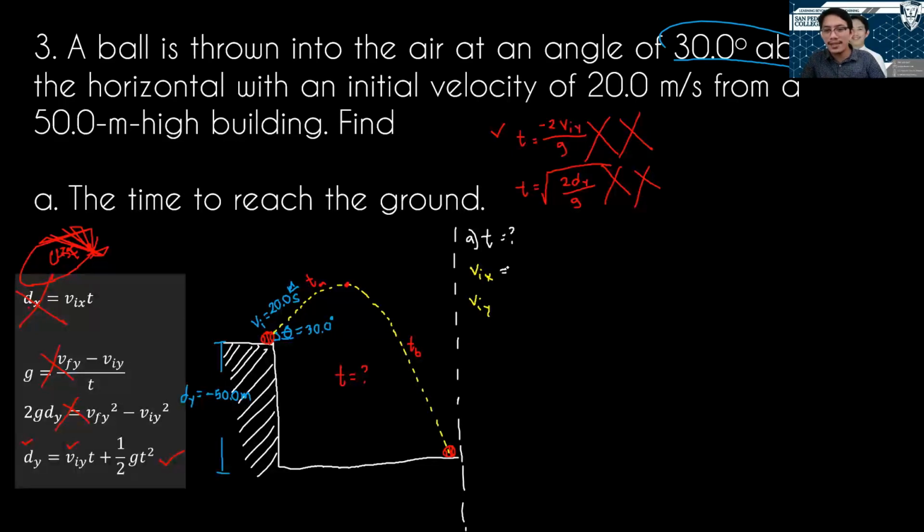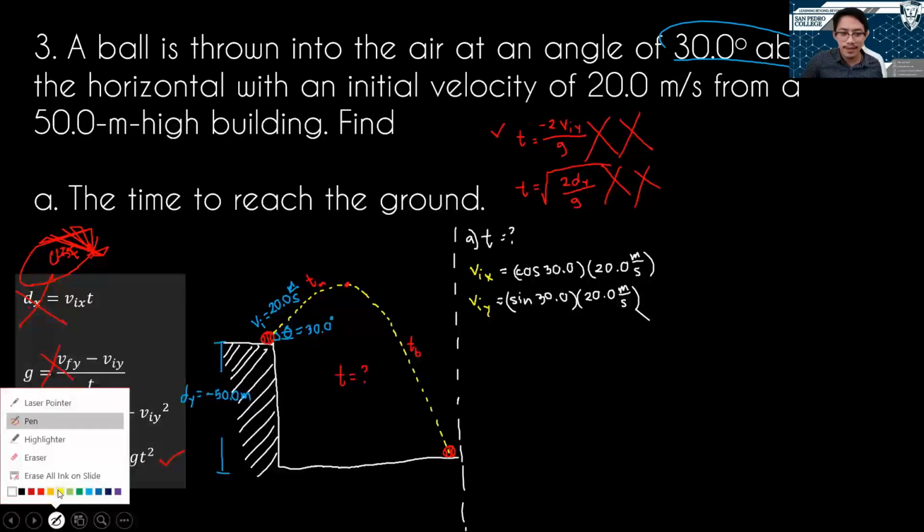So vix is cosine 30 multiplied by 20.0 meters per second. And then viy is sine 30.0 multiplied by 20.0 meters per second.